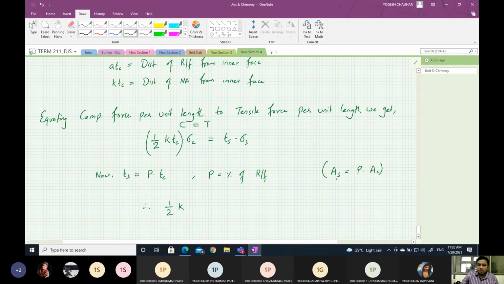So here we have the area of the steel for 1 meter length. For 1 meter length it will be 1 meter into TS, multiplied by P times 1 meter into TC. So this 1 meter gets cancelled, and you get TS equals P times TC. That is why we are taking TS equals P times TC.